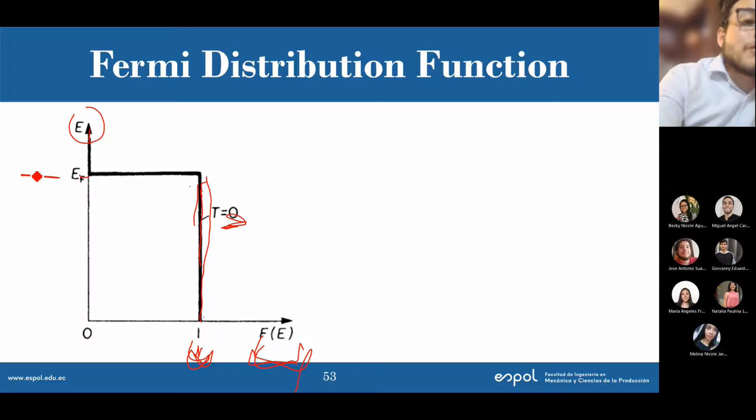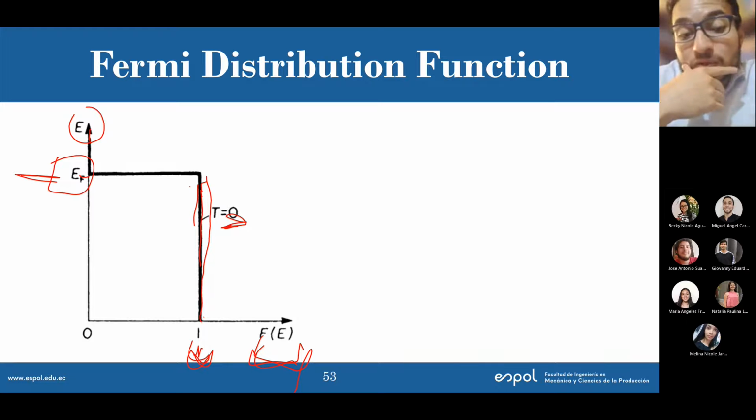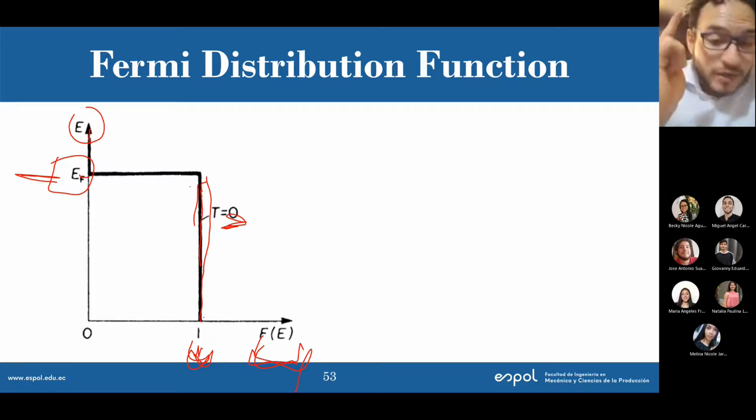Right at this level. That level is actually called the Fermi energy, right? So you can see from that figure that when t equals 0 or approaching 0, all energy levels that have an energy smaller than the EF, what does that mean?